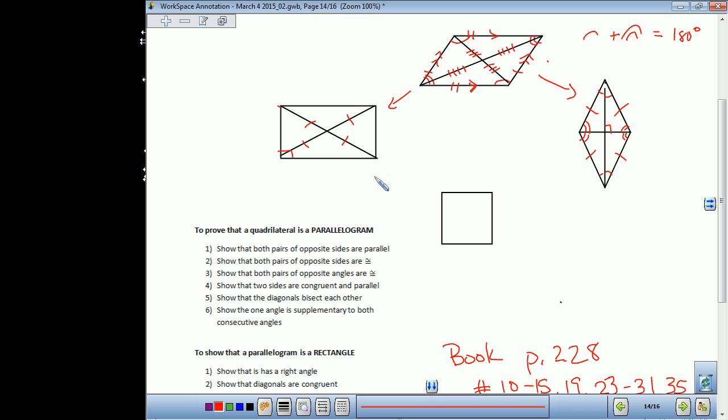Okay, and so everything that's true about the rectangle and everything that's true about the rhombus is true about the square. So, all this is true, diagonal stuff is true, we've got right angles, whoops, those need 2 tick marks. Okay, so everything that's true.